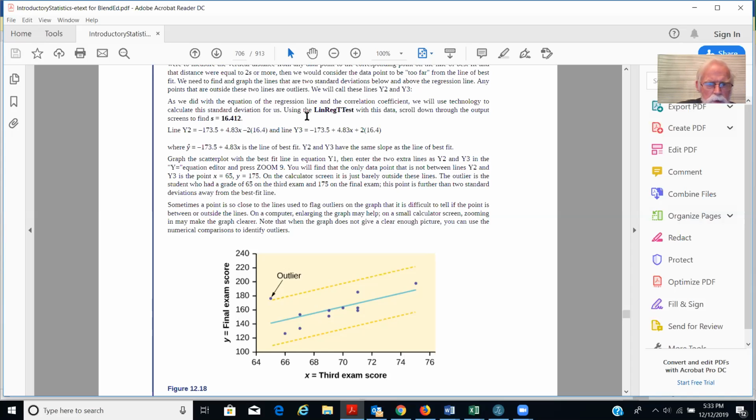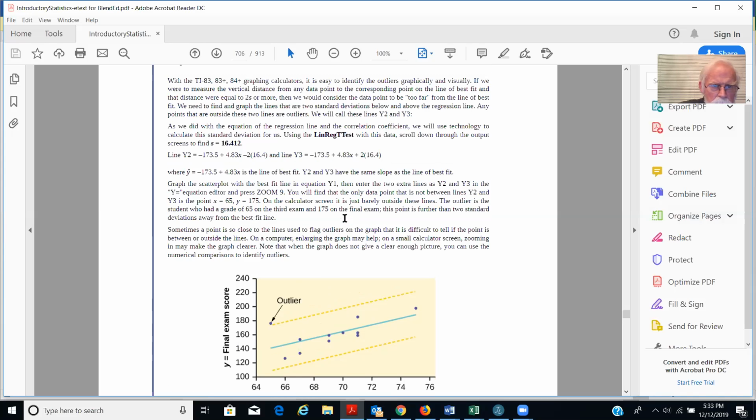We do this several ways, but if we look at the two extra lines here, we find that most of the data points will fall between these two lines. I'm trying to show you where they describe how they calculate it.